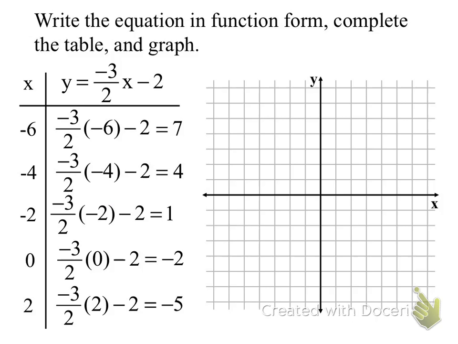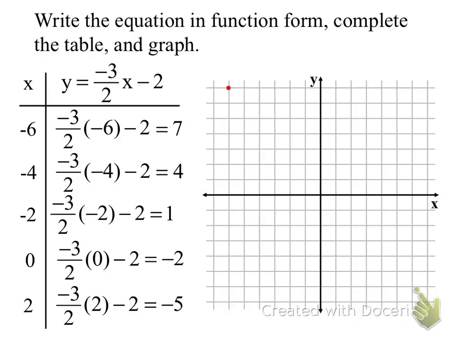I take those and I need to graph them. Negative 6, comma 7. I start at the origin. I count back. The first x term goes on my x-axis. Start at the origin, the center. And I count back 1, 2, 3, 4, 5, 6 this way to the left. And then I go up 7.